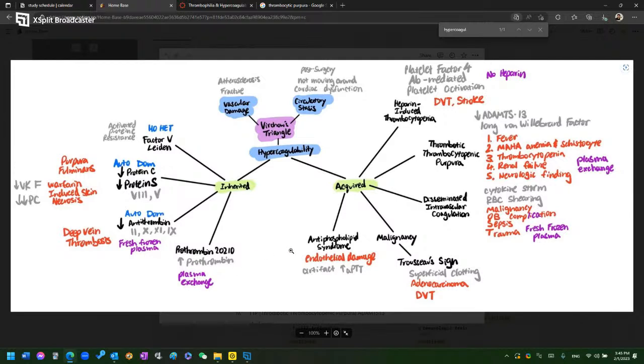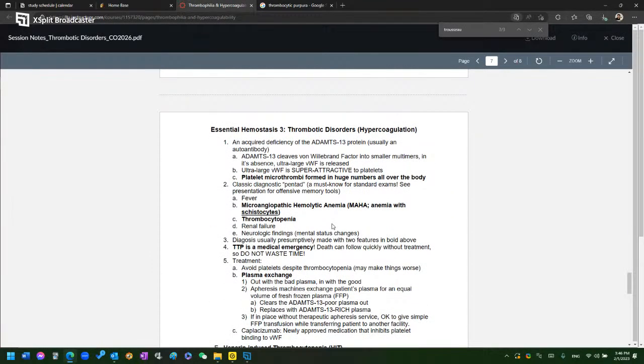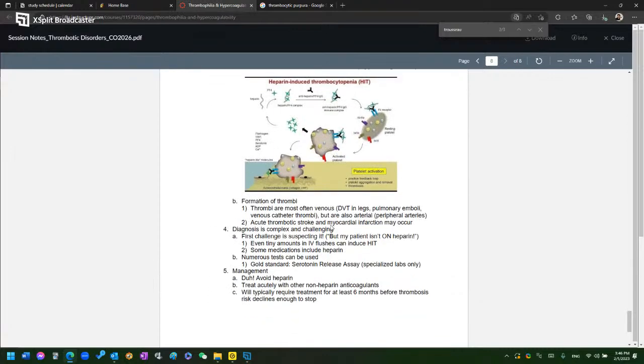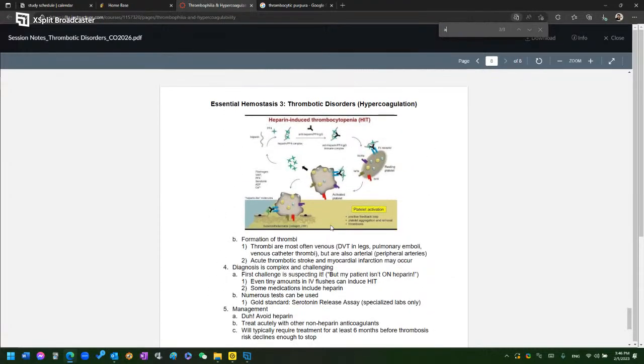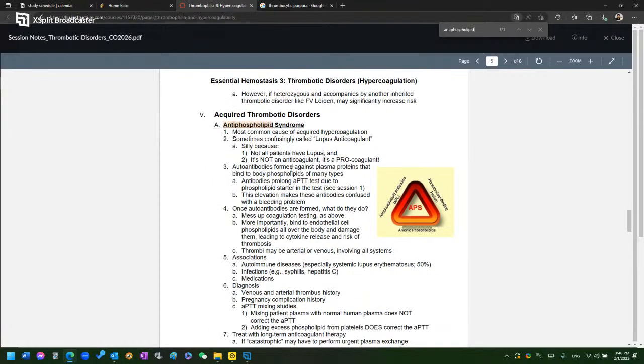You could also have antiphospholipid syndrome. And what that is, it's just a pure autoimmune problem.